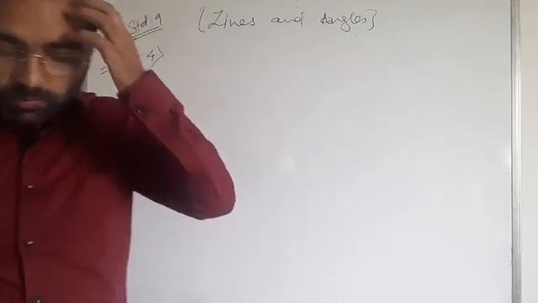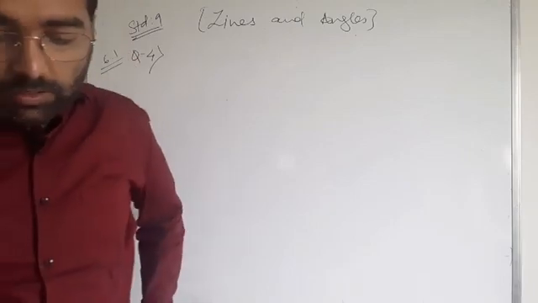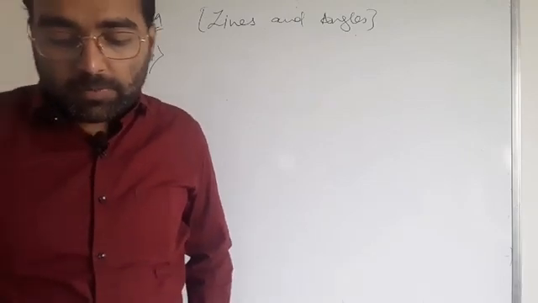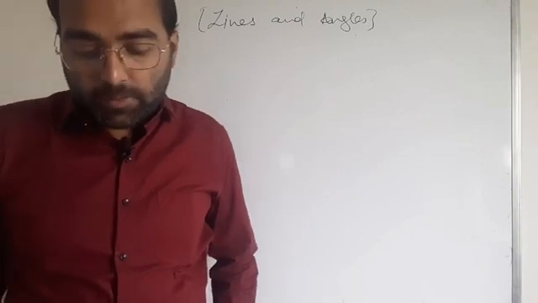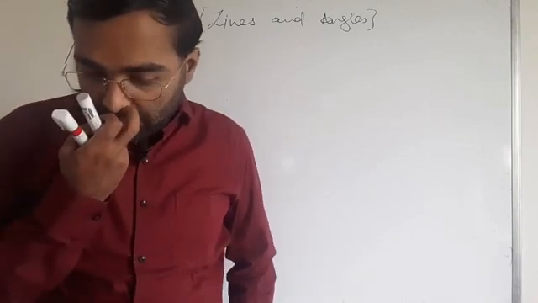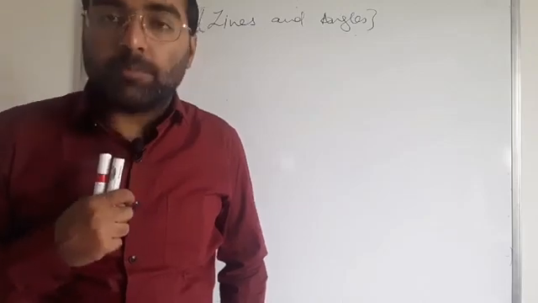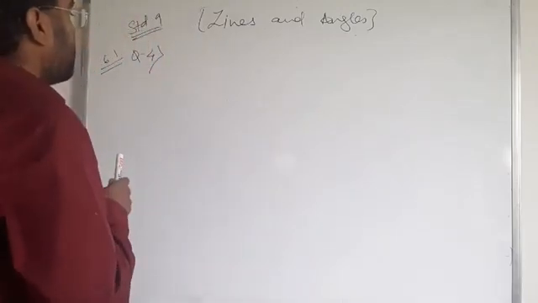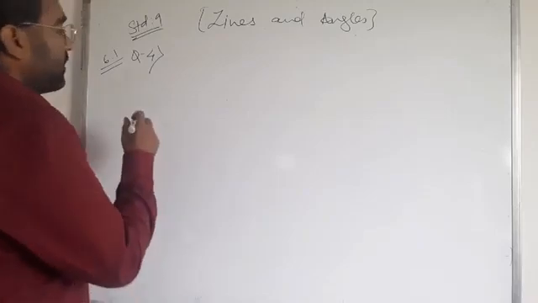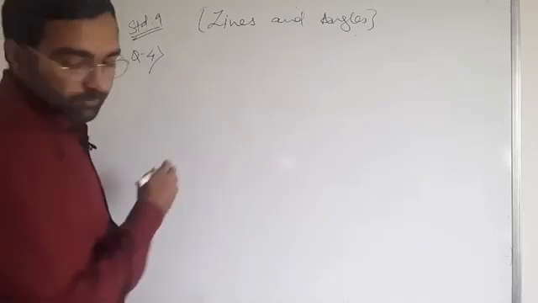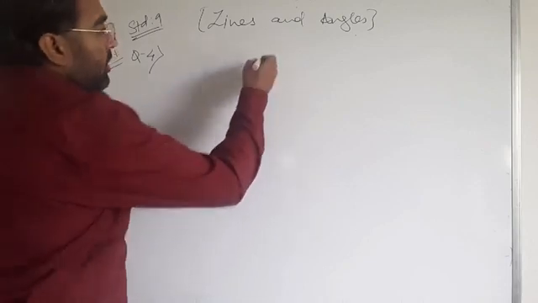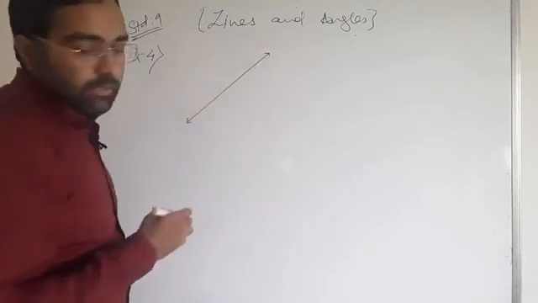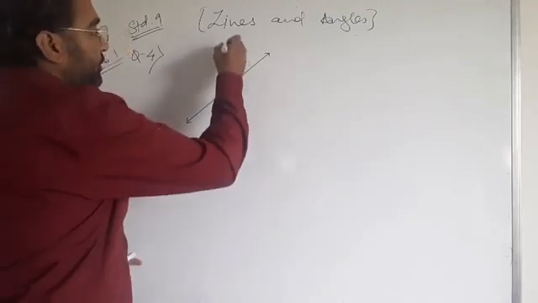Question number 4: in the given figure, if x plus y is equal to w plus z, then prove that AOB is a line. From the given figure, first of all we have to draw the figure. AOB is a line we have to prove.